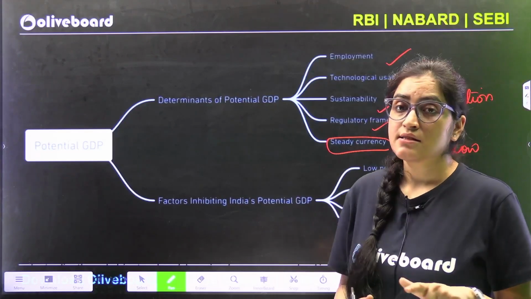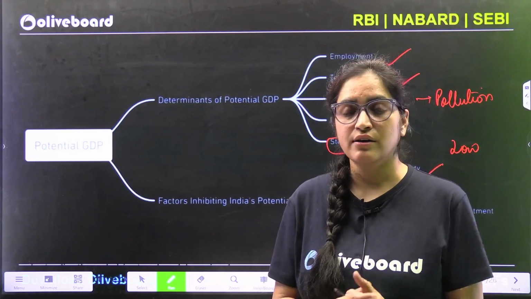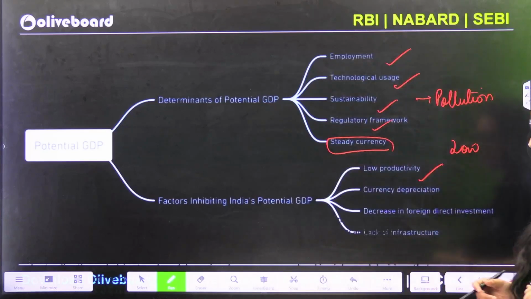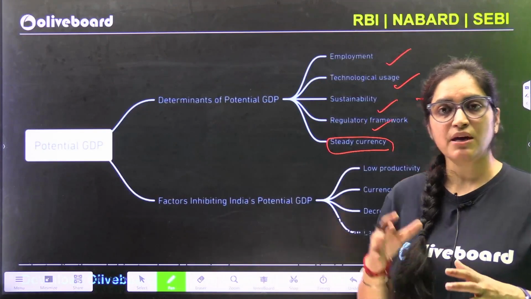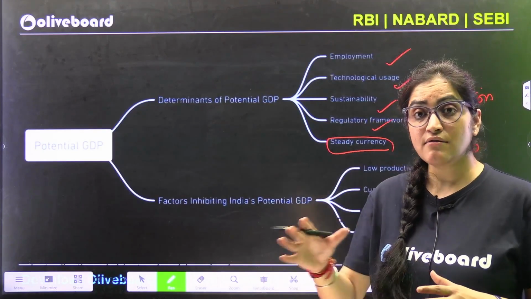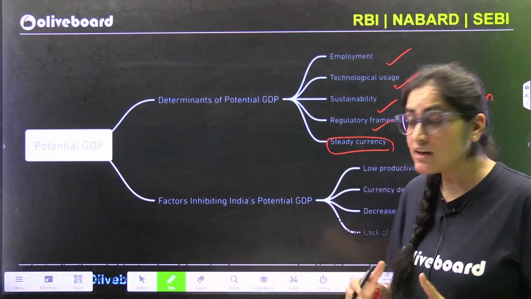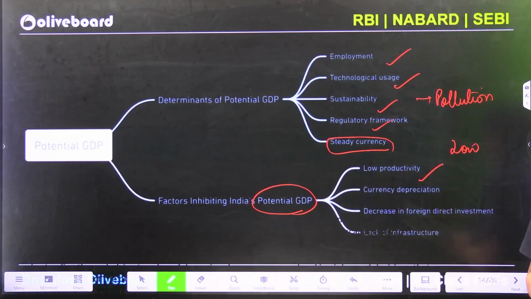Same is the case with our hospitality segment. Same is the case with our manufacturing unit, and that's also a reason why there is a lot of unemployment in India. Because in India, we are majorly focused on the service sector, which is not labor intensive. So again, a problem why India is not able to achieve the full potential of its GDP.